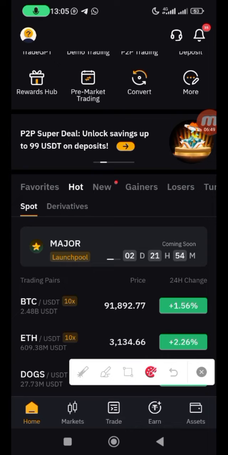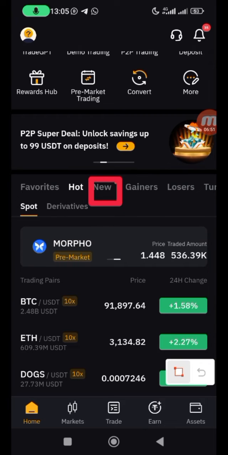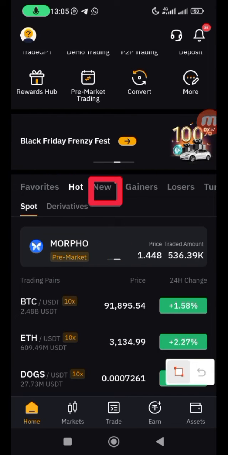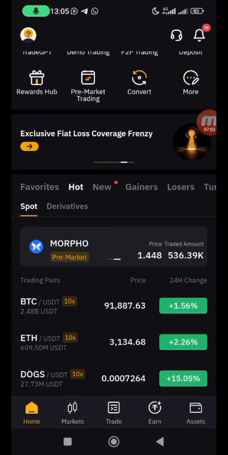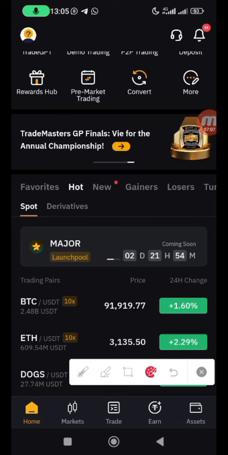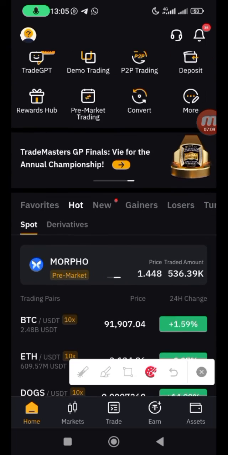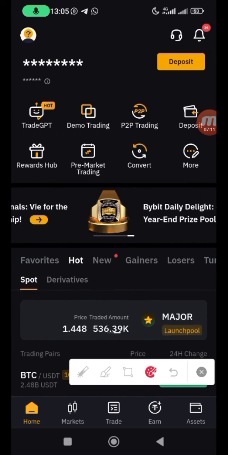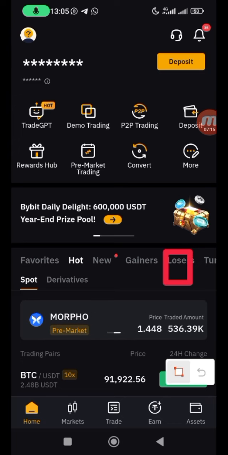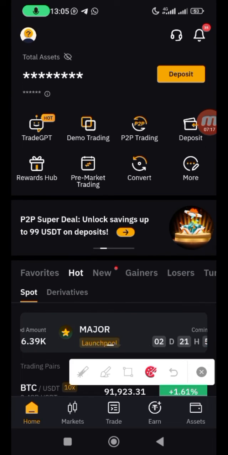Then we also have new ones. These are newly listed tokens. New tokens are listed almost every day. Then we have gainers, which are coins that gain more percentage in 24 hours. Then we have losers, coins that have lost in that same 24 hours.